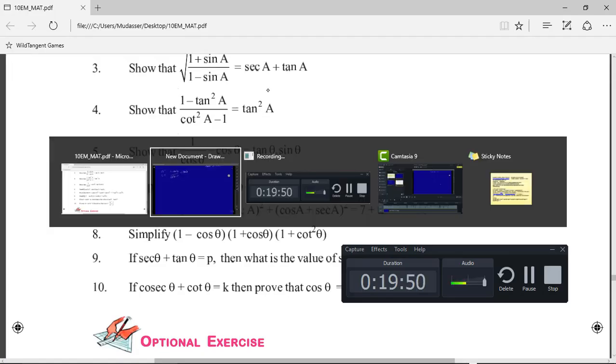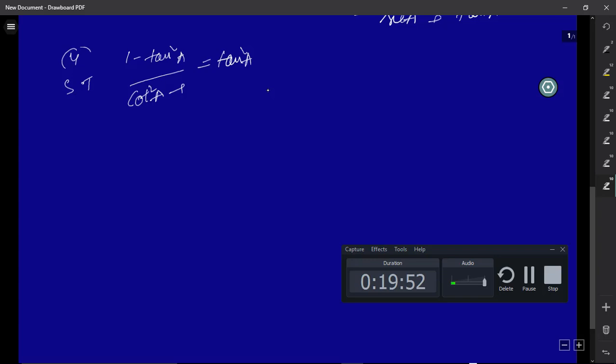I've told you in the very beginning itself that we have to convert all the trigonometric ratios in the form of either sine or cos. So I'll convert this in the form of sine and cos.